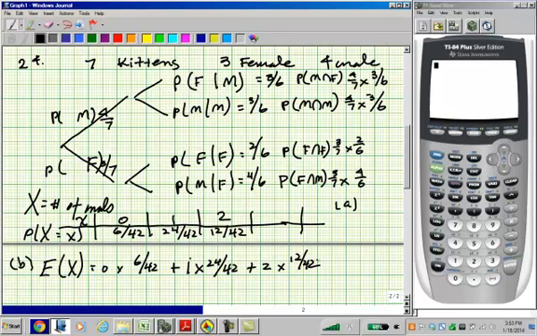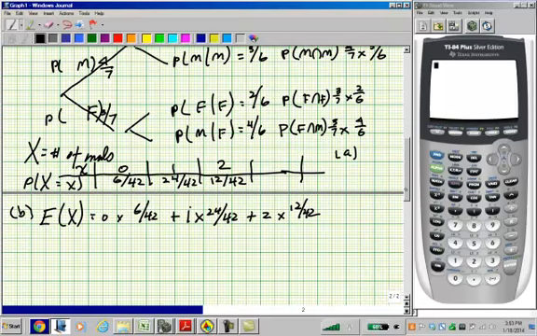Now, that's a 0, so forget that. 0 times 6 over 42 is 0. 1 times 24, so we got 24 over 42.